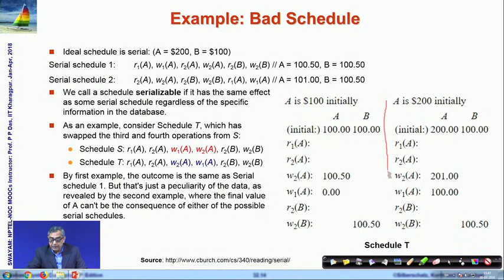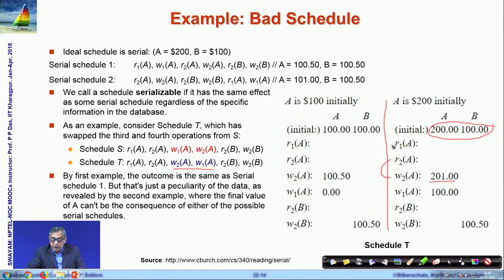Now, let us consider another execution of the same schedule, which makes use of the values 200 and 100. We do W2 followed by W1. When R2A is followed by W2A, R2A had read 200, and when interest of 1.005 is given, it becomes 201.